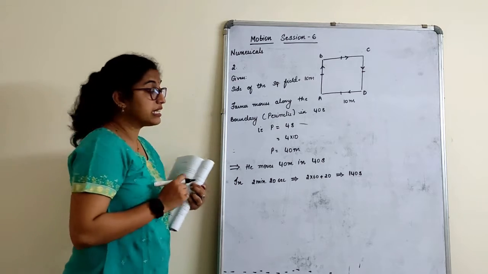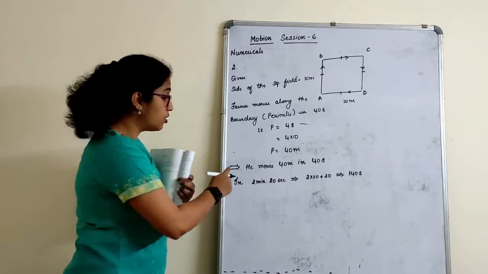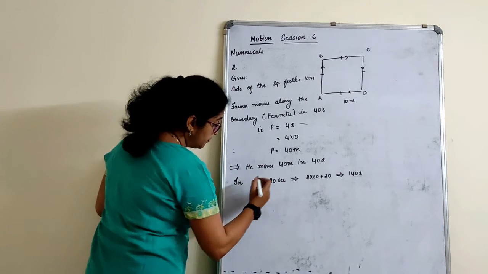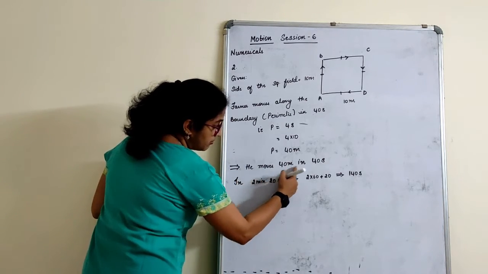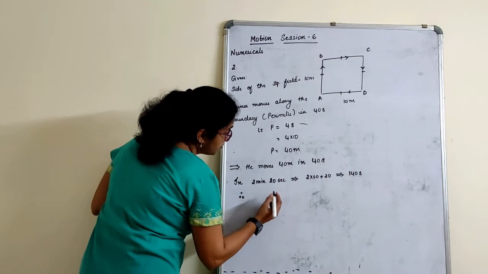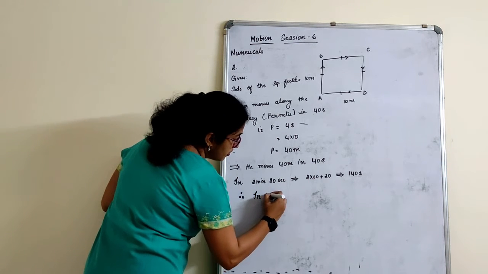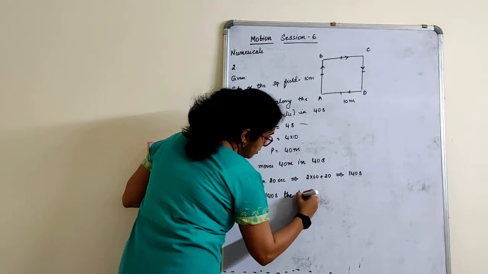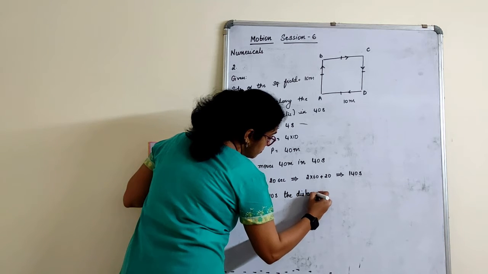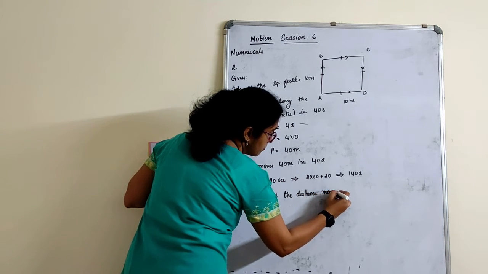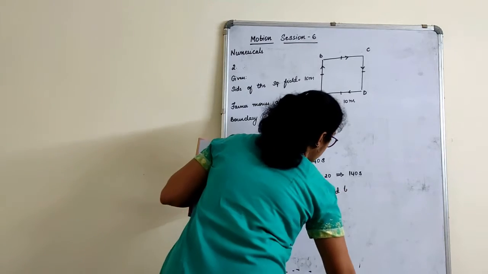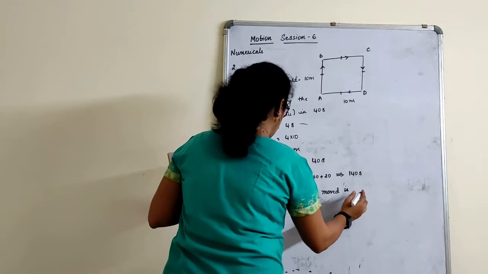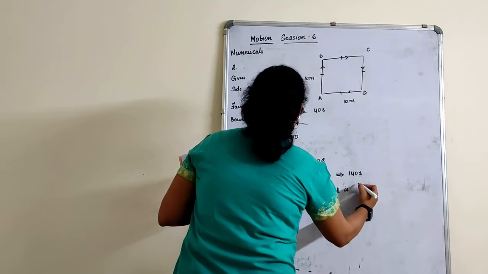So, in 140 seconds, how much distance does he move? That is what we have to find out first. He moves 40 meter in 40 seconds. Therefore, in 140 seconds, the distance moved is... So, what will you do here?